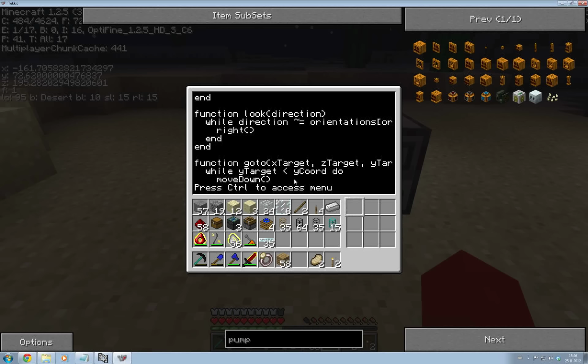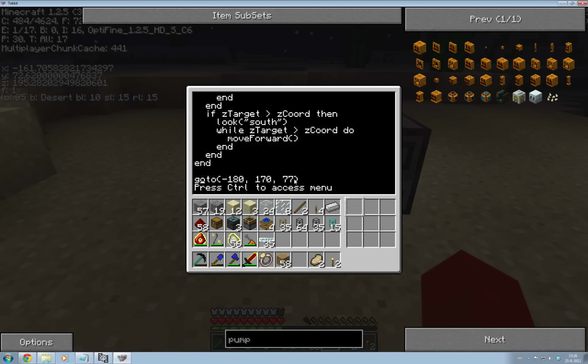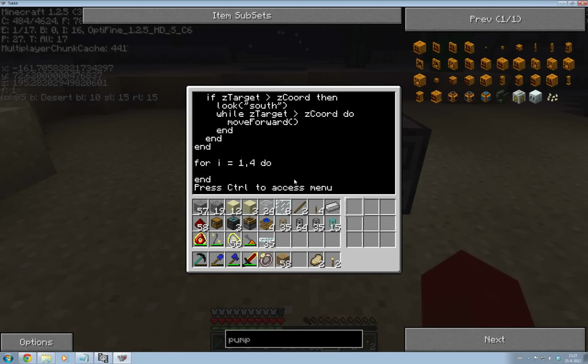I think I'm going to test that first. So 4, 1 to 4, do. Right, so we're gonna print our orientation, and then we're gonna turn right and see how that goes.